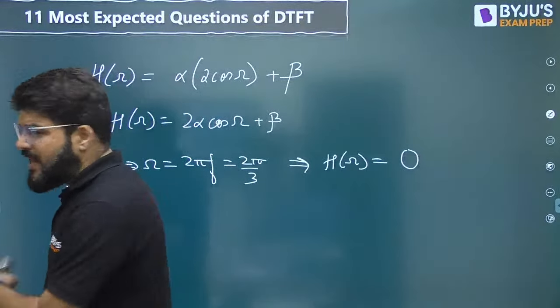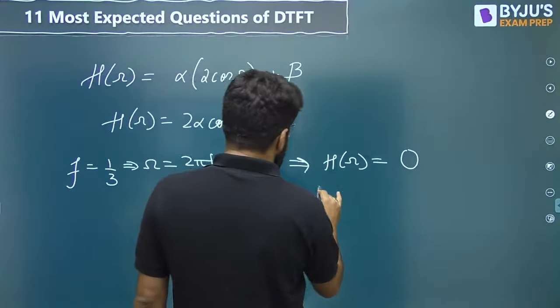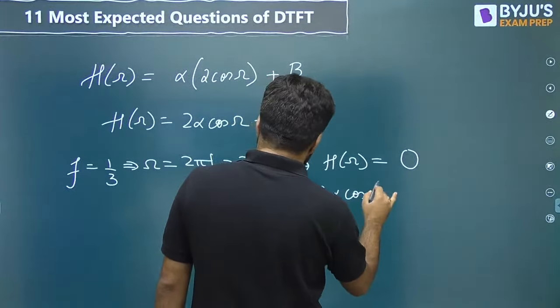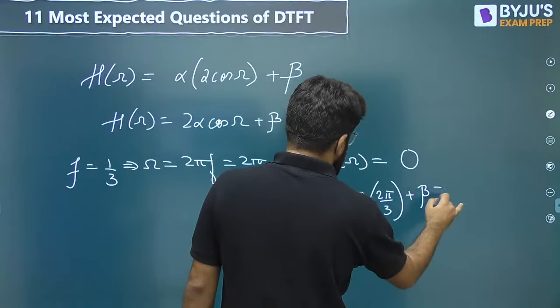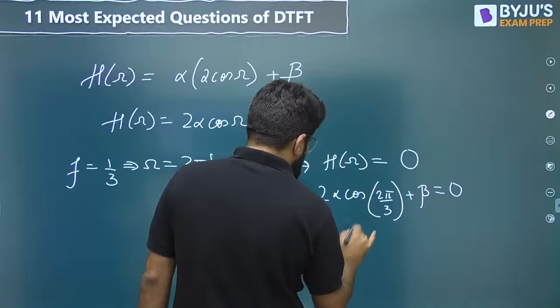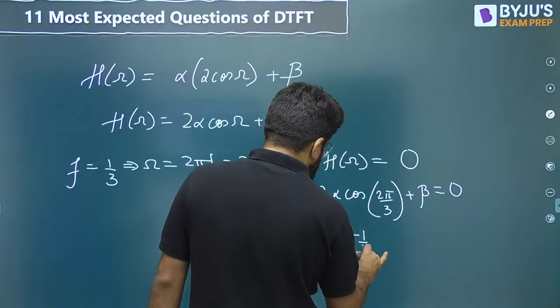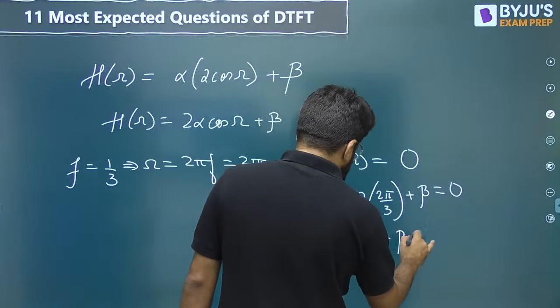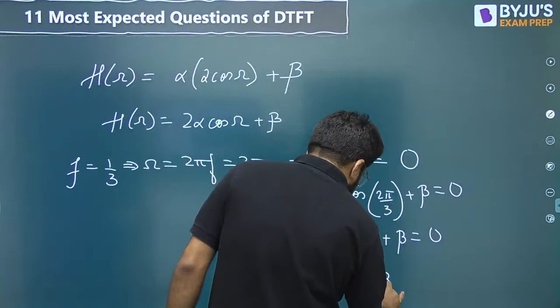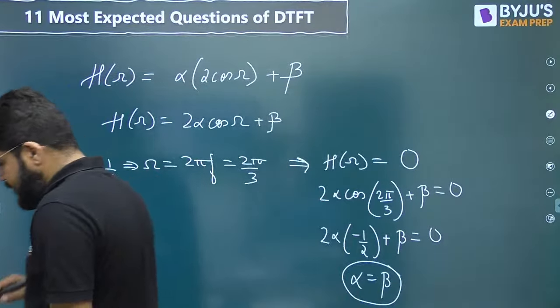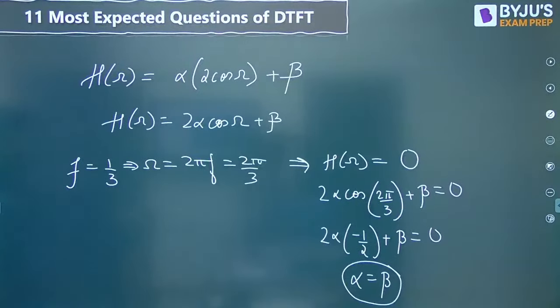So that is 2 alpha cos of 2 pi by 3 plus beta should be 0. 2 alpha cos 120 degrees, which is -1/2, plus beta equal to 0. So 2 cancels, minus alpha plus beta is 0. Here you get the relation: alpha equal to beta.